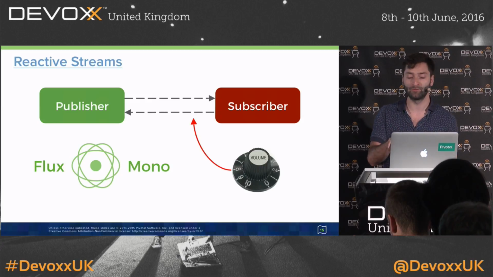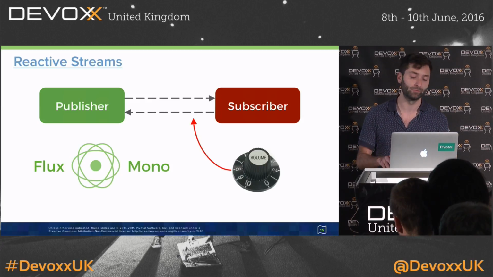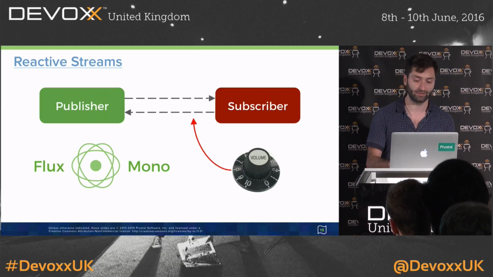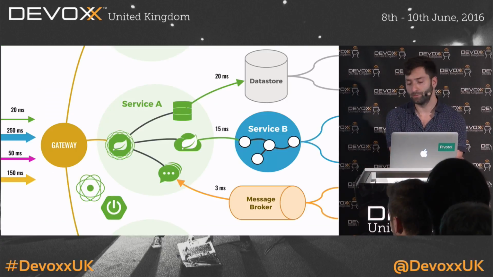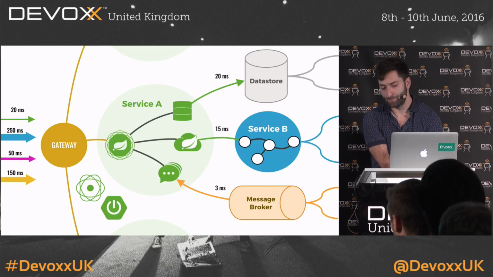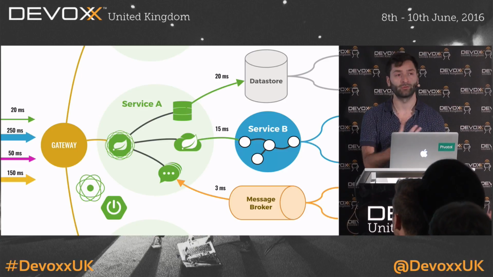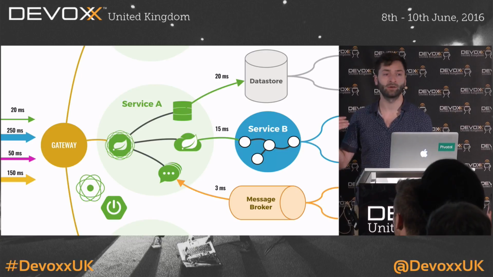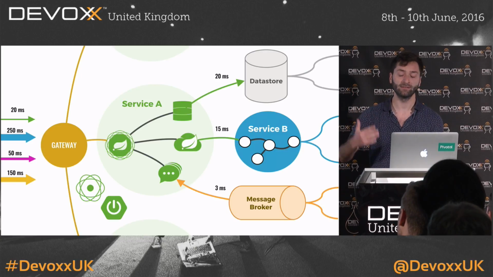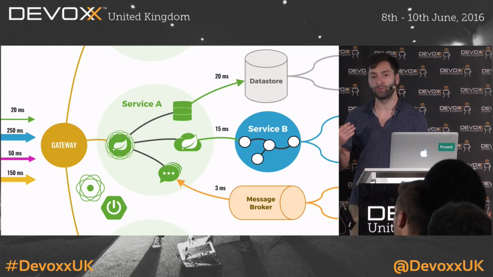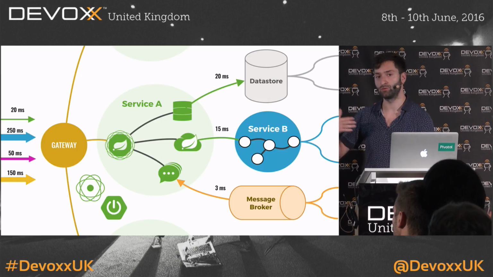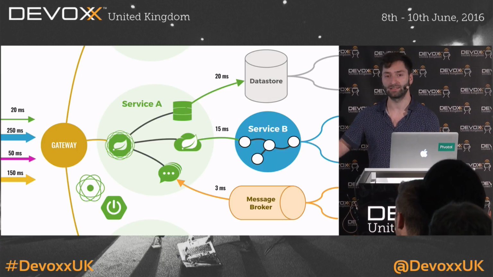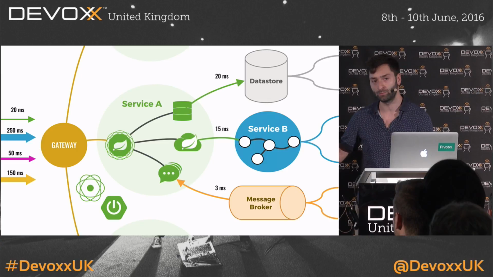So the Flux and Mono things are, spoiler alert, the two main components of Reactor, and that's where we position ourselves. So the cool thing about having back pressure, because we call that back pressure, when a subscriber can say, I don't want to receive more data, that's a form of back pressure in the sense that you're not going to block if it doesn't ask you for data. You're not going to force pushing to it.